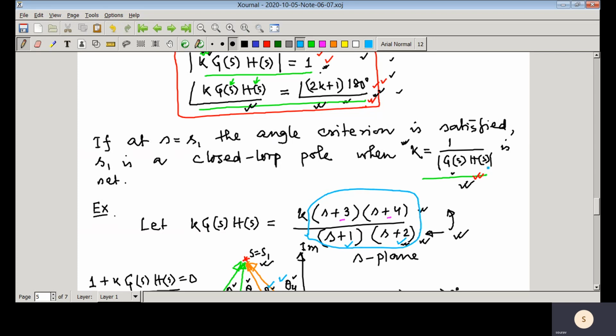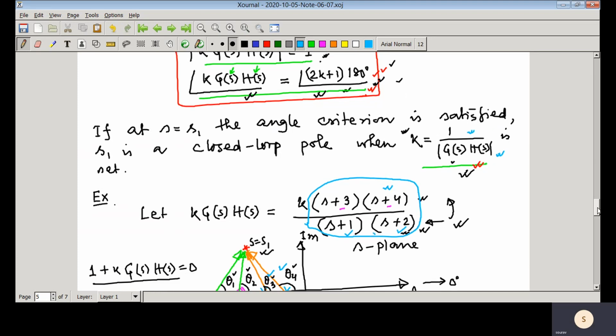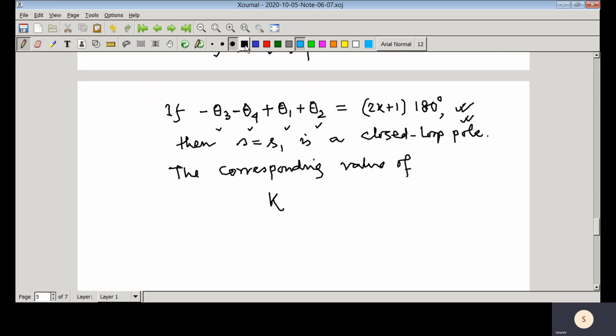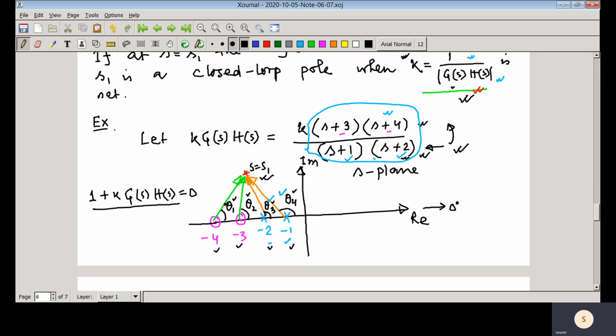If we write G(s)H(s) here, all zeros are in the numerator and all poles come to the denominator, so K is the product of all pole lengths divided by the product of all zero lengths. Pole lengths and zero lengths are the lengths of the vectors we have drawn.